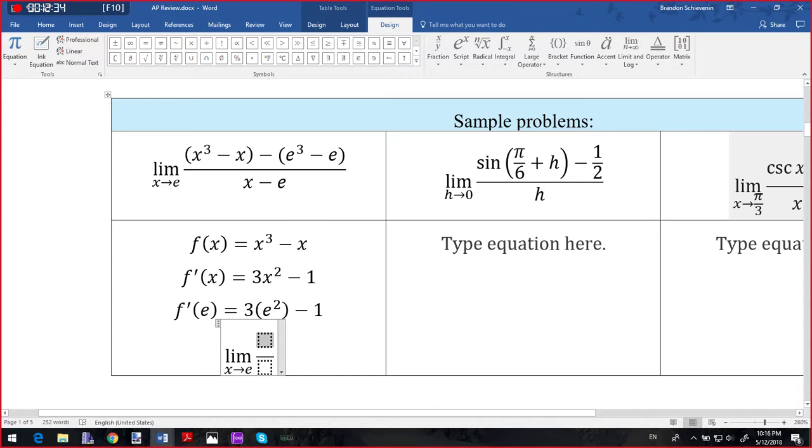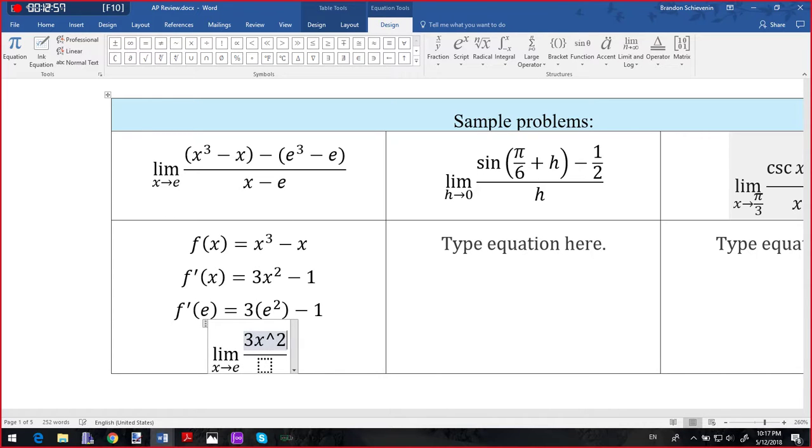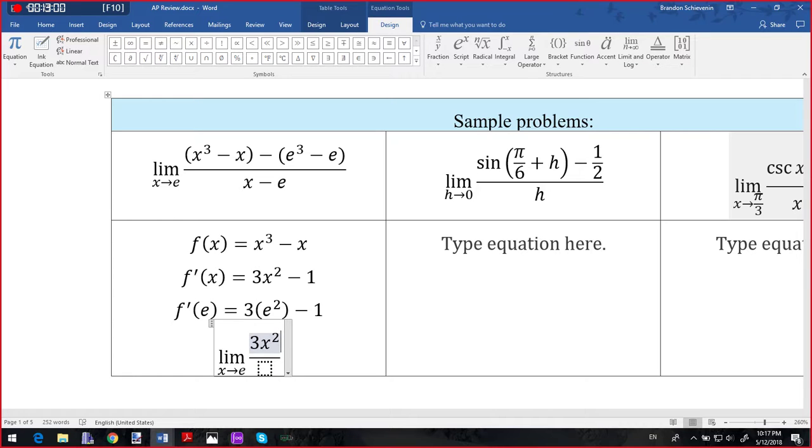Okay, if you derive the top, those e's are all constants. So when you derive a constant, it becomes 0. So we don't have to worry about the e's at all. What's going to happen to the x cubed minus x? When I derive that, it's going to be 3x squared.